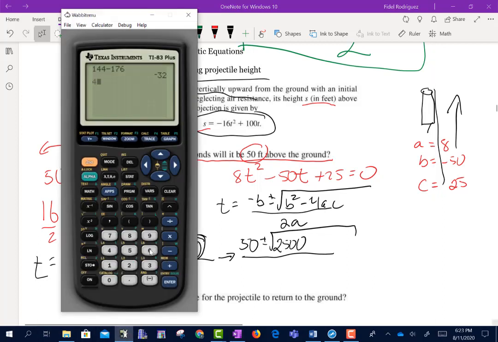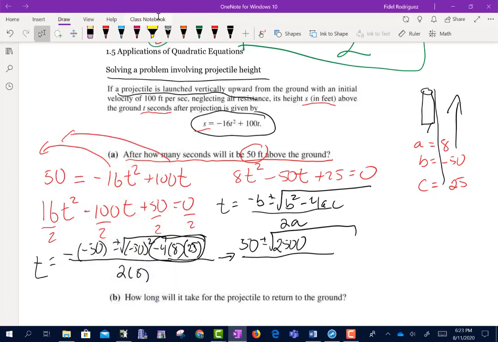Put it on. 4 times 8 times 25. Should be 800, okay, minus 800, there we go, minus 800 all over 16, okay, 50, plus or minus, let's see, what's 2,500 minus 800?